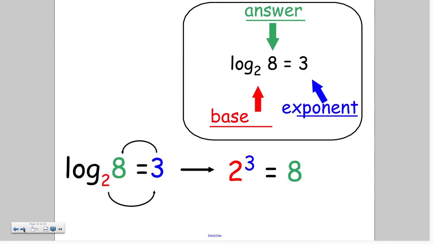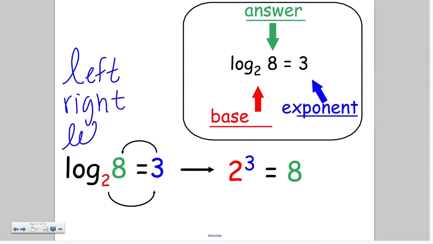is we want to remember when you rewrite a log, you want to remember left, right, left. The easiest way to remember that is to remember what the visual of it looks like. So you've got left, right, left.